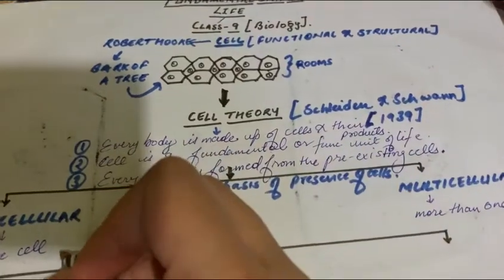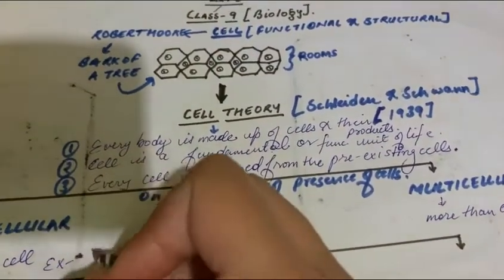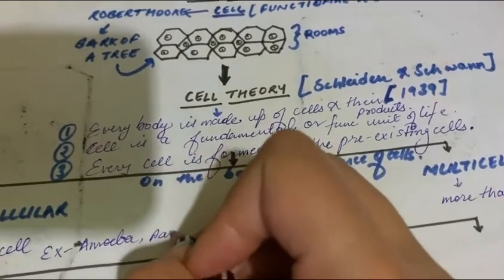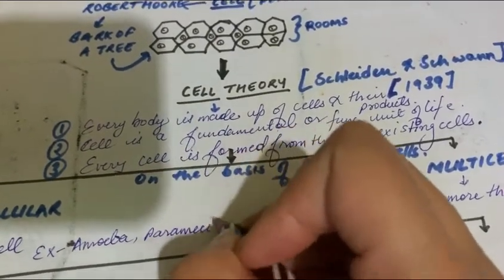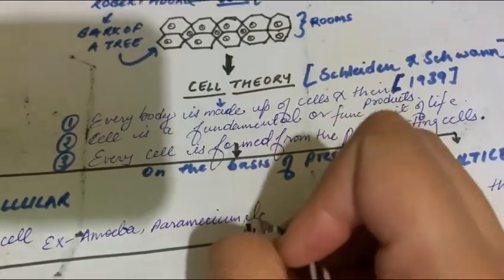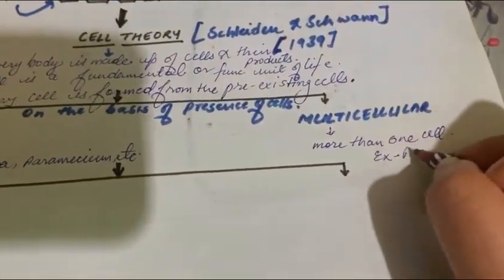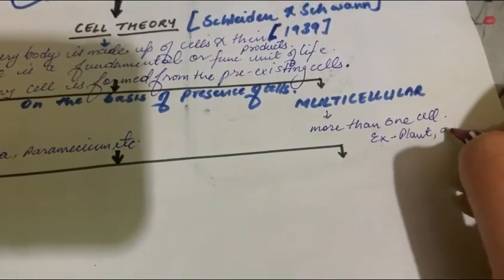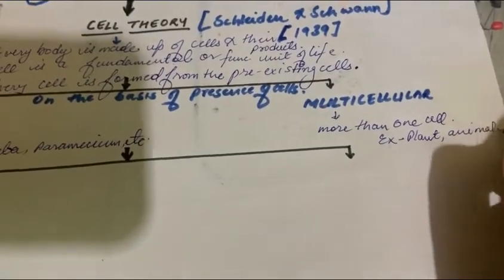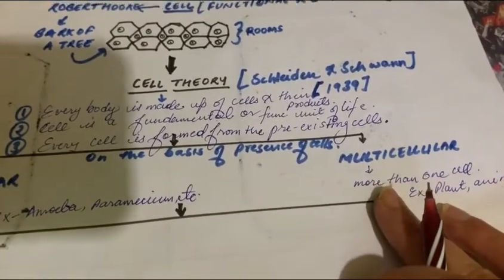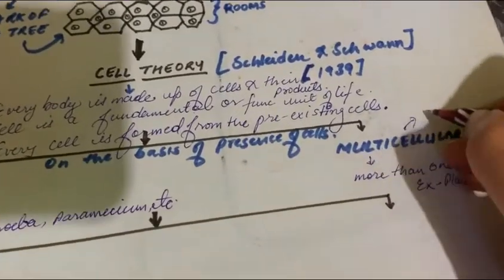Very good examples of unicellular organisms are amoeba, paramecium, etc. Very good examples of multicellular organisms are plants, animals, etc. A very good characteristic of multicellular organisms is division of labor.